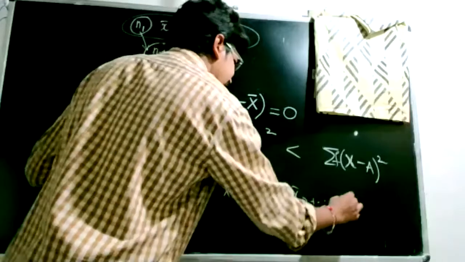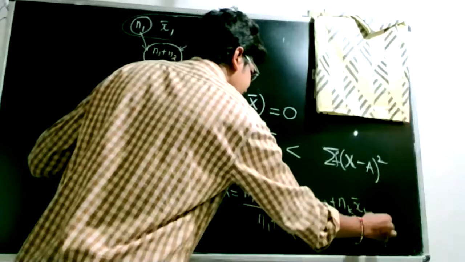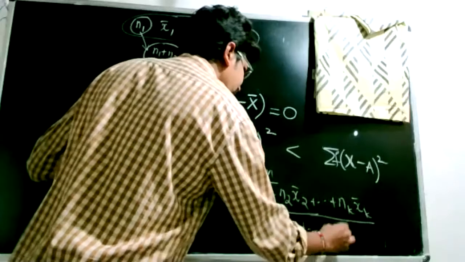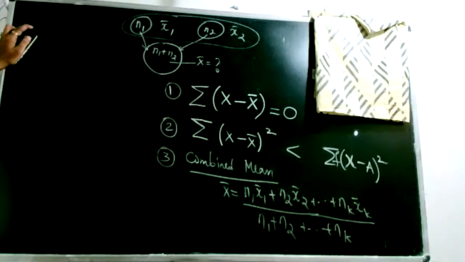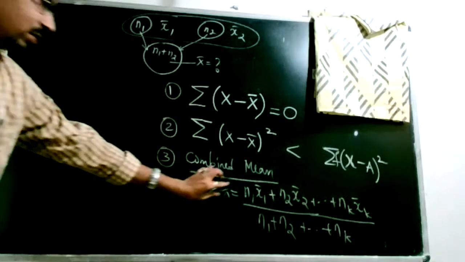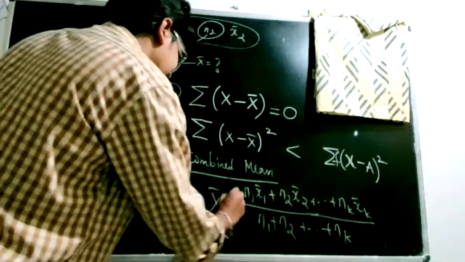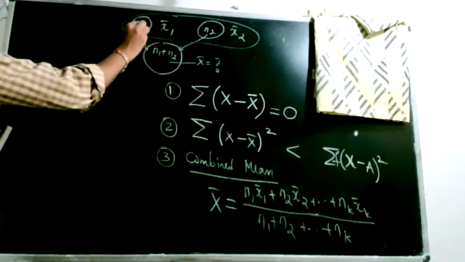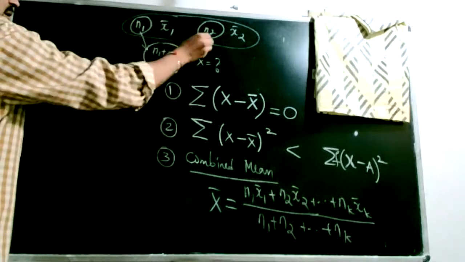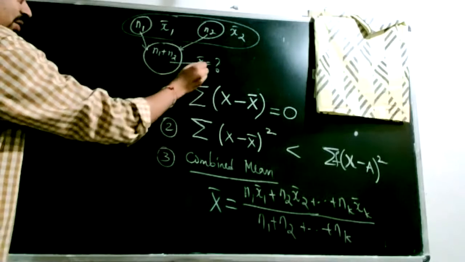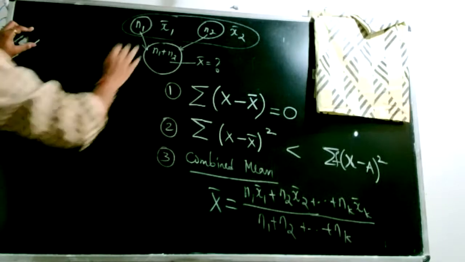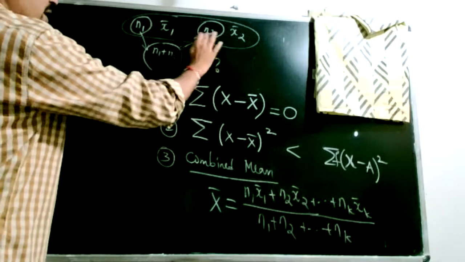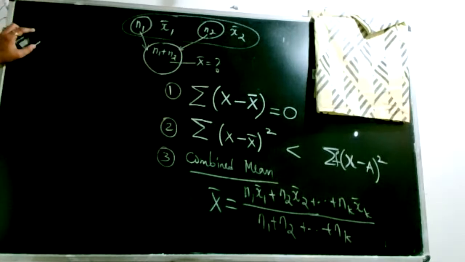If you have k such groups, the combined mean of all k groups combined together will be equal to this. Why do we need this formula? Without knowing the actual values of the observations, we are obtaining the value of mean. We know the information regarding the group means as well as the group sizes. You could just compute the mean using that information.